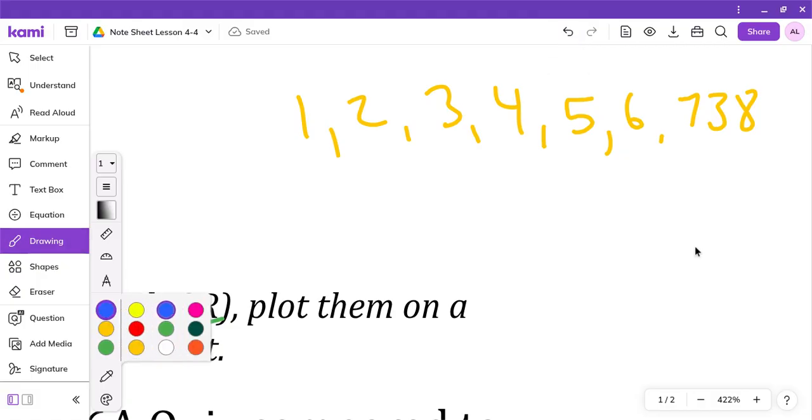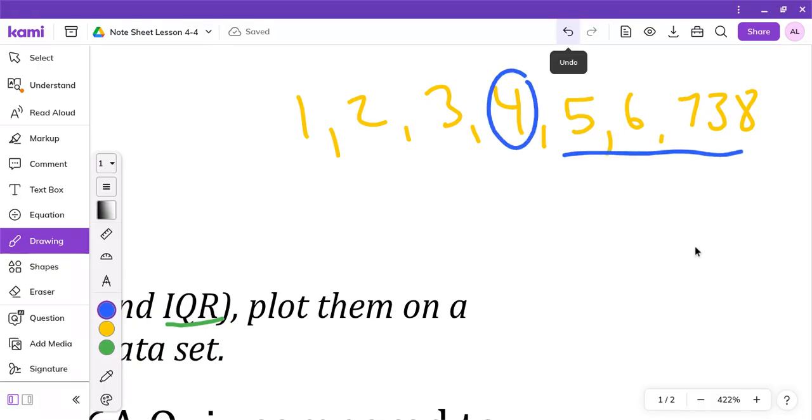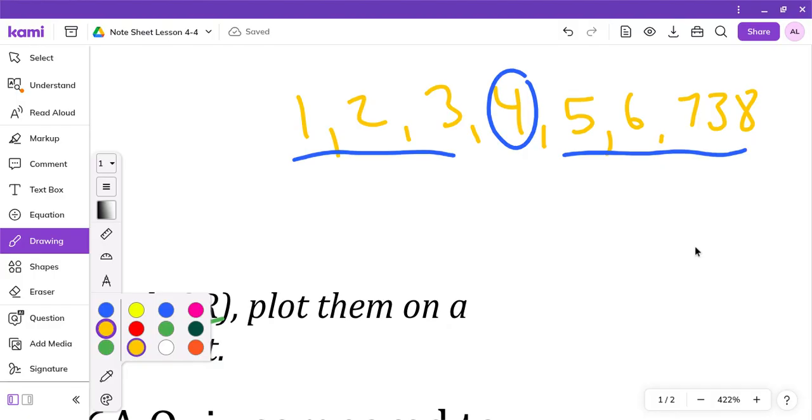Well, the median would be 4, because then I'd have 3 numbers on this side and 3 numbers on this side. My first quartile, the middle of these 3 numbers, is 2. That's my first quartile. My third quartile is 6.